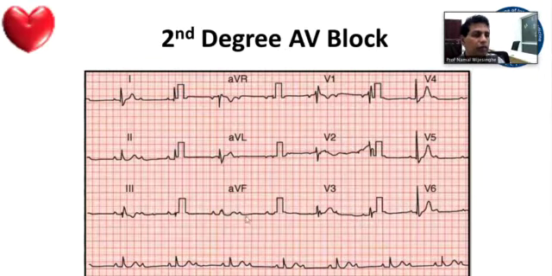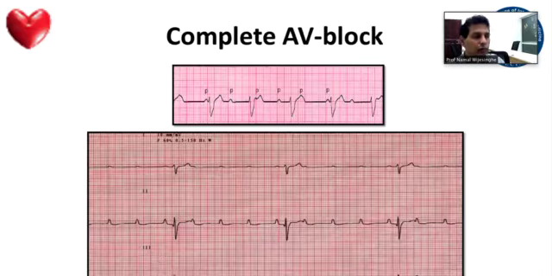Now this is the complete AV block. As you can see, the P waves occur on their own. If you take out your dividers, the dividers that we use in O-level, or else you can take a piece of paper and mark where the P waves are, and when you take the paper to the other place also, the P waves are at the same distance.